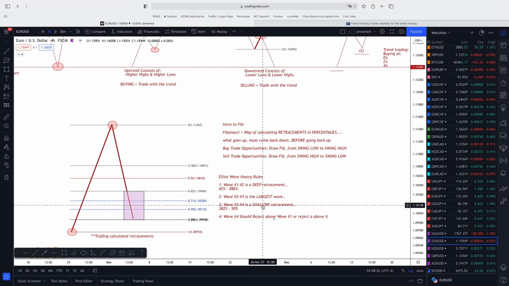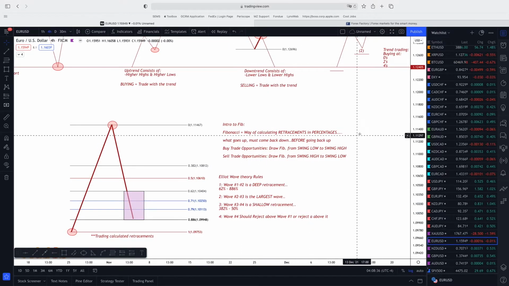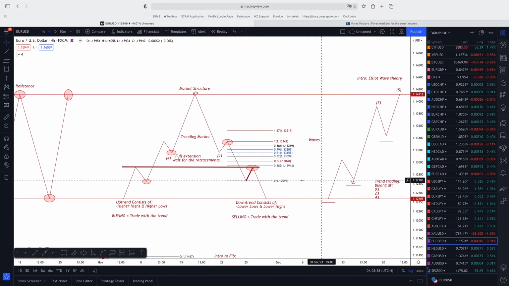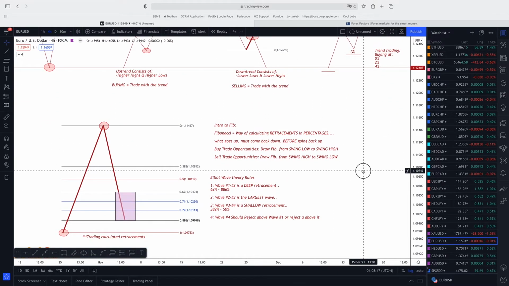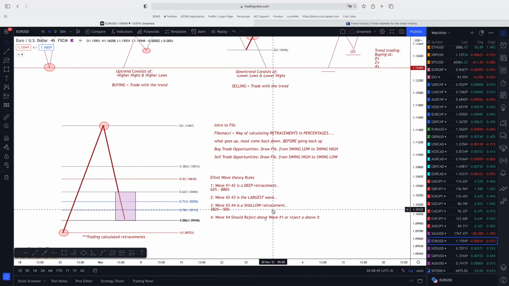Waves 3 to 4, that retracement right there is usually a shallow retracement, only retracing to the 38% to the 50%. So from 3 to 4, it should only be 38 to 50%.